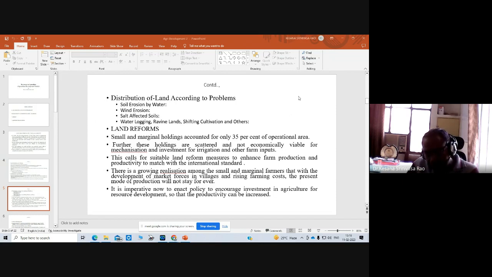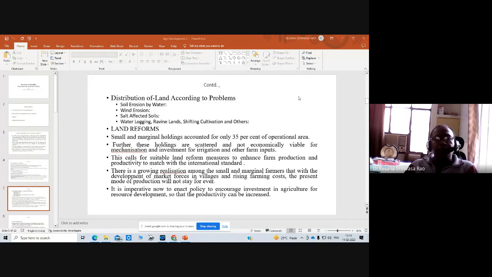So when you change the crop, the fertility levels are likely to be maintained. That is the basic difference in this process.